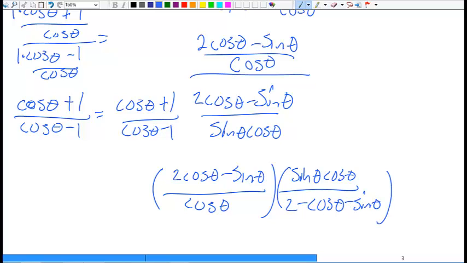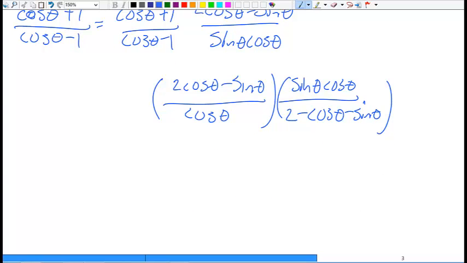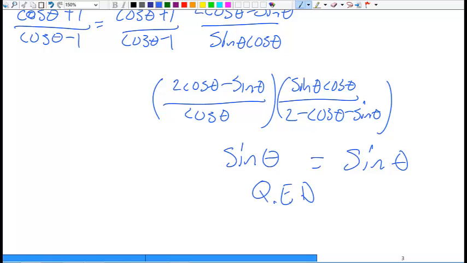Okay, well, that's pretty much a dividing barrel of joy. Everything divides out except for the sine theta, which is what I was trying to show, that initially it simplifies down to sine theta. So, nice little phrase that I like to throw out there, QED, which stands for I am done. I set out to prove what I was trying to prove, so there we go, QED, and we got this.